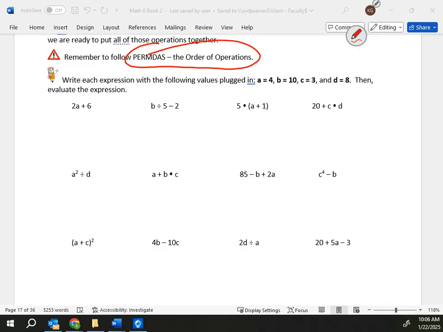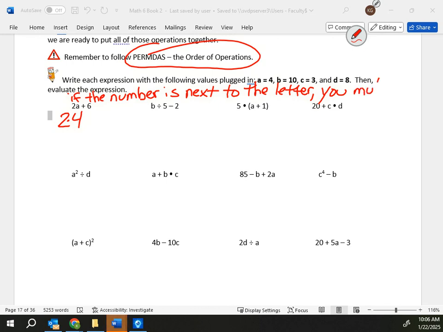But if you're like, ooh, I keep thinking that 2a is 24, or I'm adding it, if you don't remember, you're going to want to write out if the number is next to the letter, you multiply. You can't write out an example of it, but you can write out what it means.